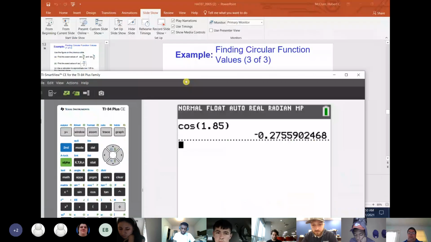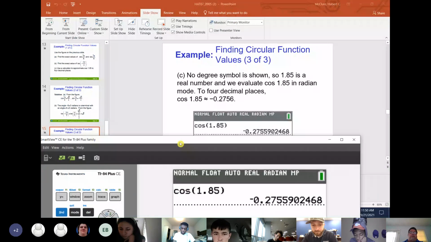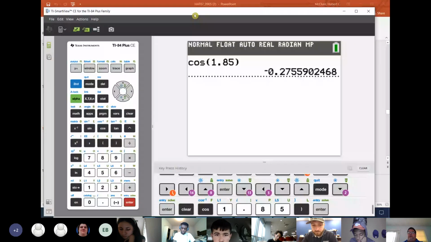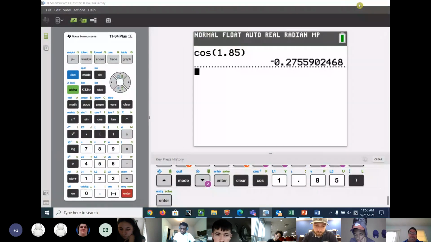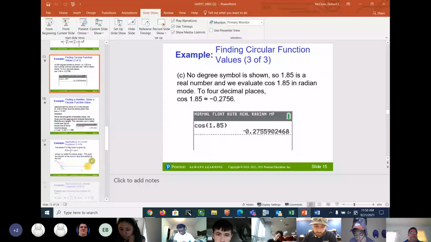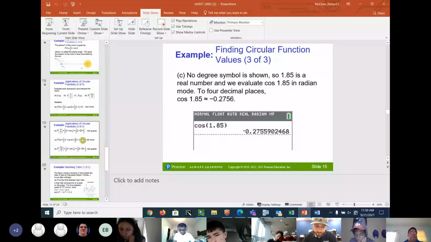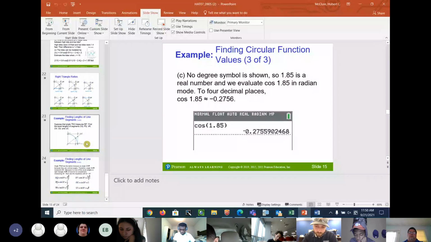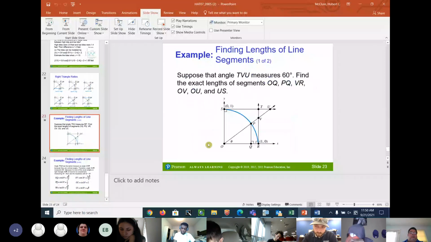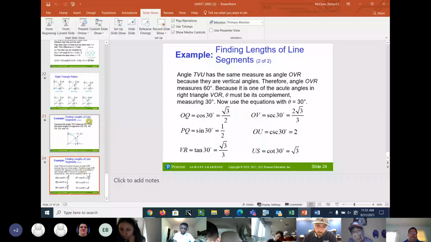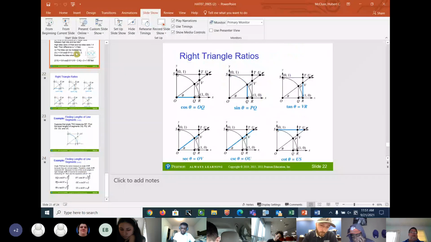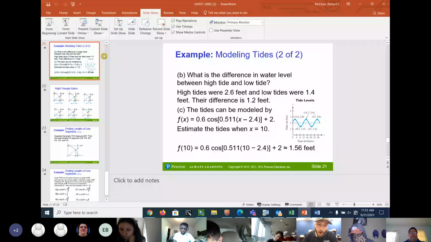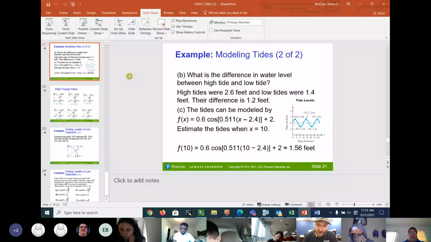So make sure you can switch between radians and degrees in your calculator. And that's the same stuff right there, just finding values. I'm not going to test you on that. Okay, so that's pretty much it.